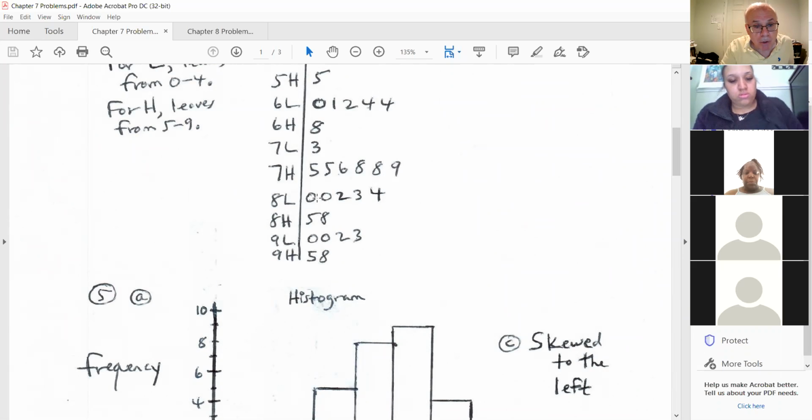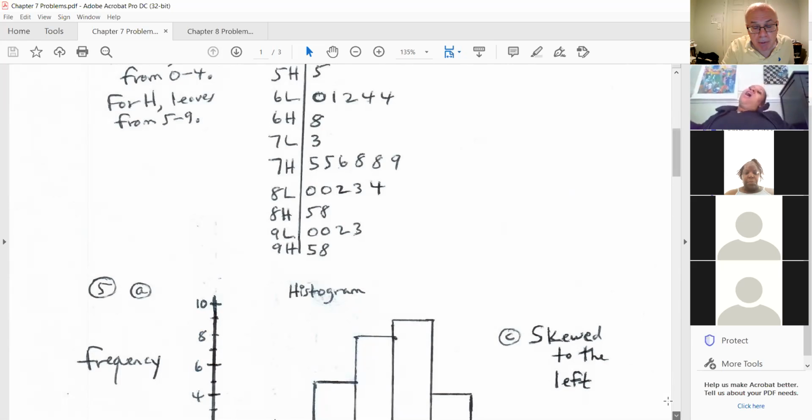So 1, 2, 3, 4, 5, 6, 7, and 8. 7th and 8th, right? So the first number after 78.5 is 79. The 7th number is 85. The 8th number is 88.